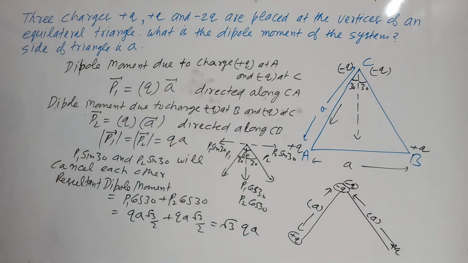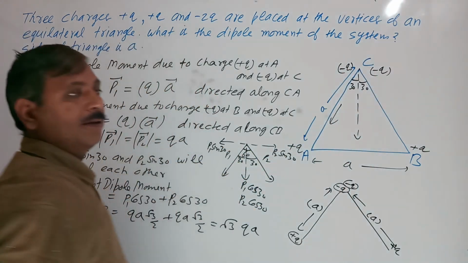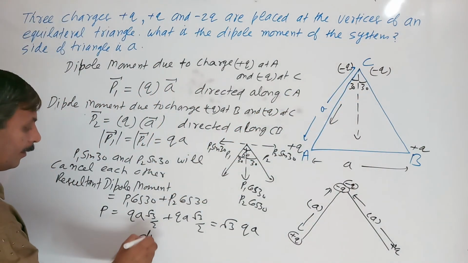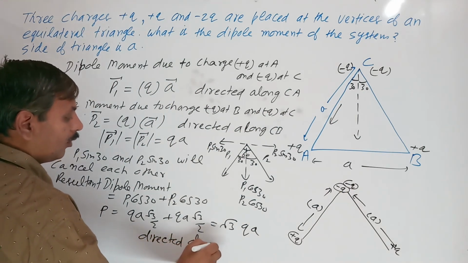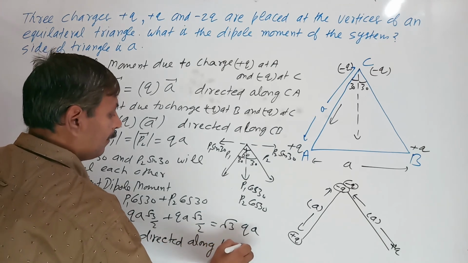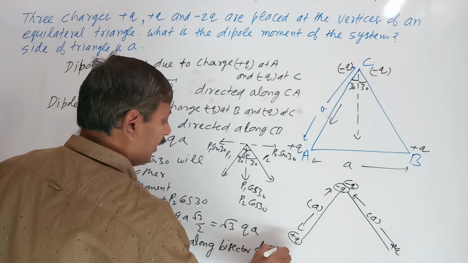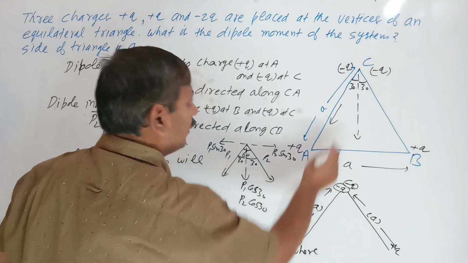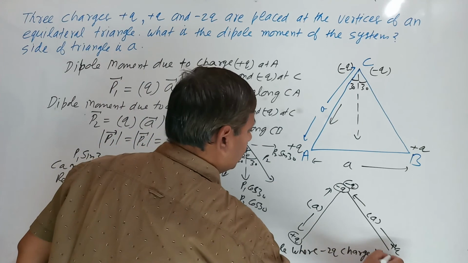The magnitude of the resultant dipole moment P is root 3 QA, and it is directed along the bisector of the angle where the minus 2Q charge is placed.